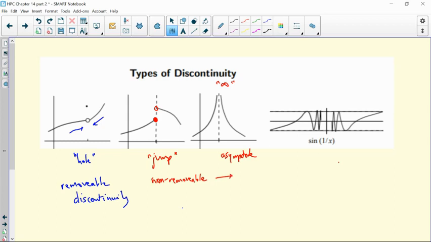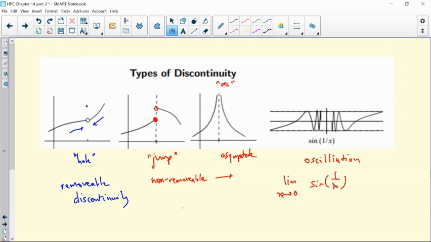And then this last one is an oscillation, and it rarely happens, but it's an interesting concept. Oscillation is also non-removable. The function I have here is sine of 1 over x, and the limit as x approaches 0 of this function basically oscillates forever.